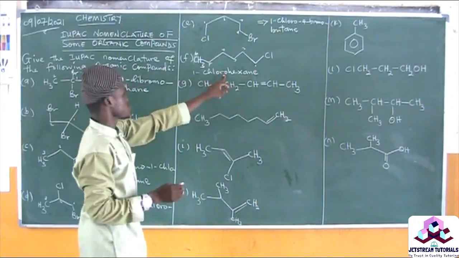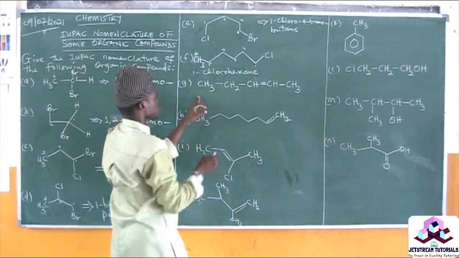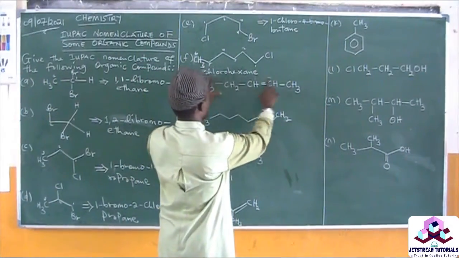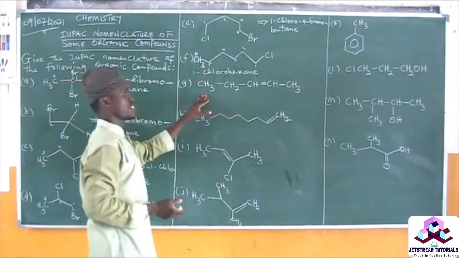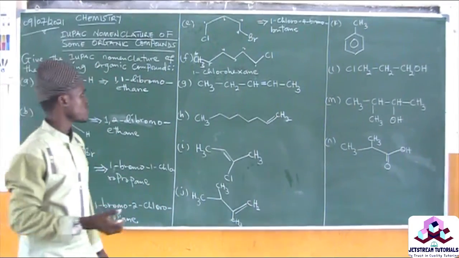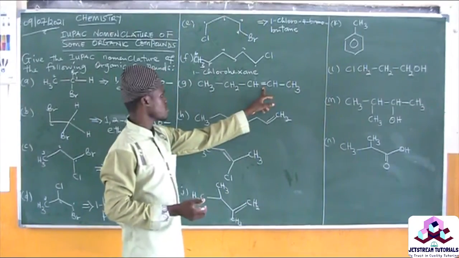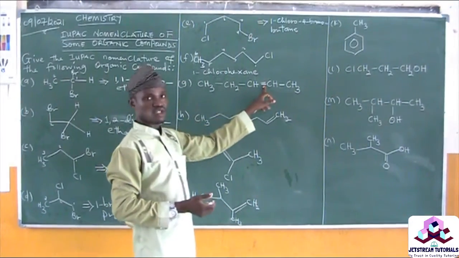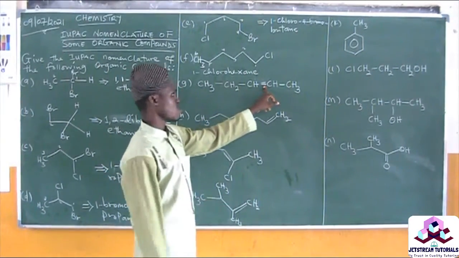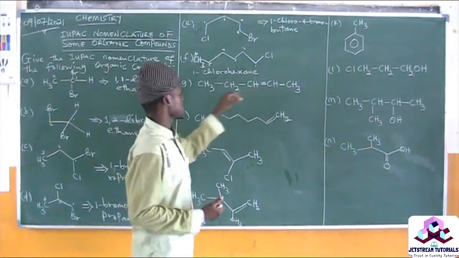Is that understood? Then coming to this one, you can see what we are dealing with here is an unsaturated hydrocarbon, an alkene, preferably. This is because of this double unsaturated bond present in the carbon chain.